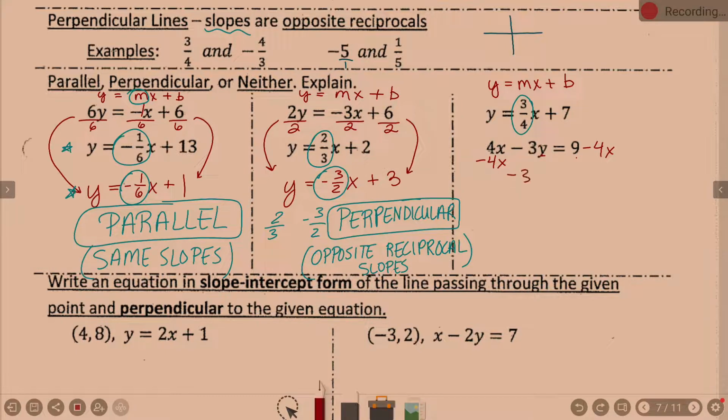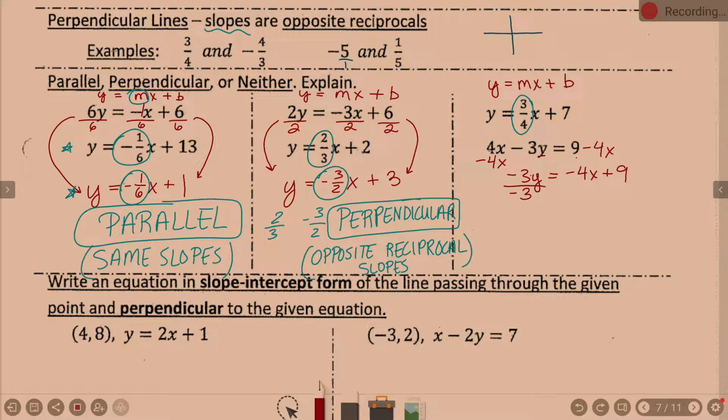So then I still have negative 3y. I like to have these in the other order, so I'm going to put it as negative 4x plus 9. I'm just doing that because I like to have the x term first for the purposes of being able to find my slope. How do I get y by itself? Now, if it's negative 3 times y, I'm going to divide.